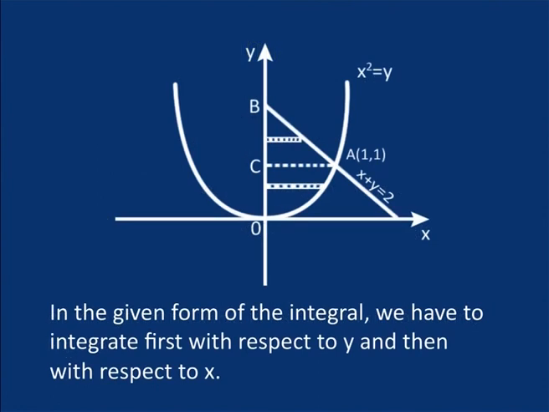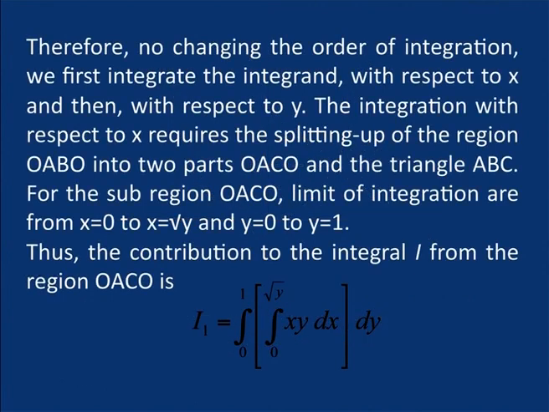In the given form of the integral, we have to integrate first with respect to y and then with respect to x, so that the limits are followed. But on changing the order of integration, we first integrate the integrand with respect to x and then with respect to y.